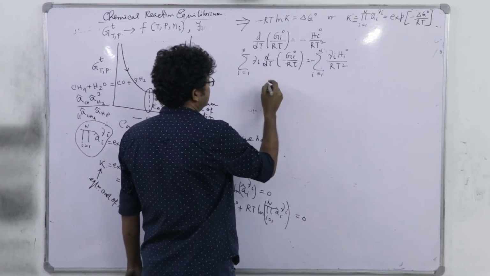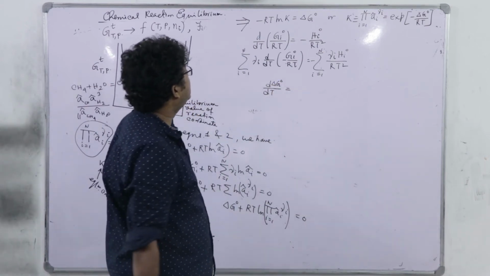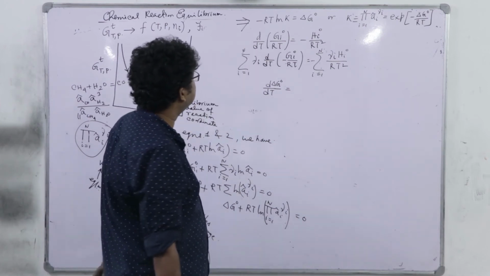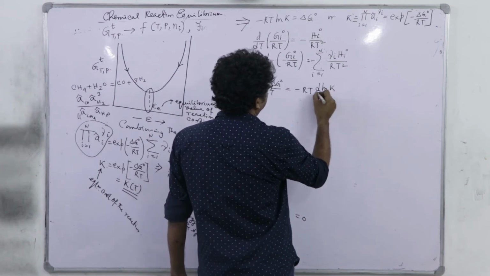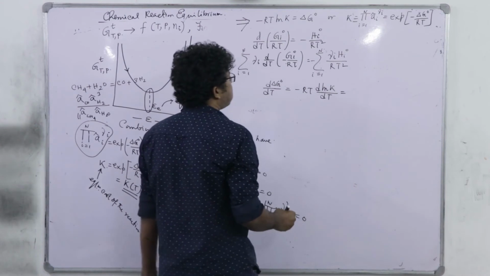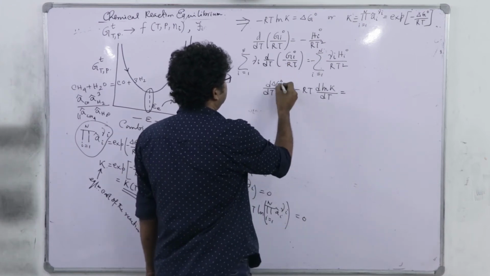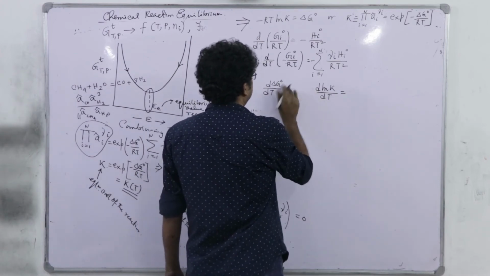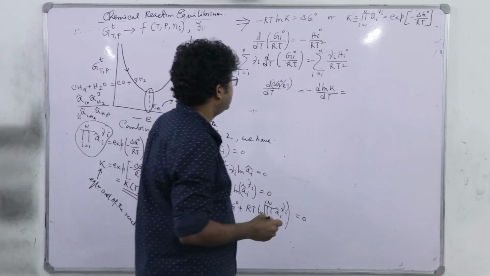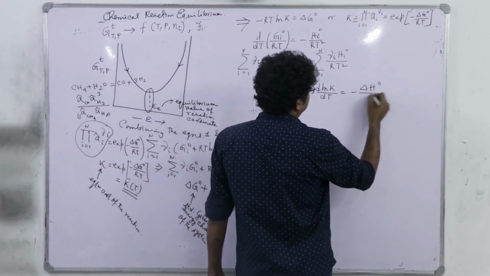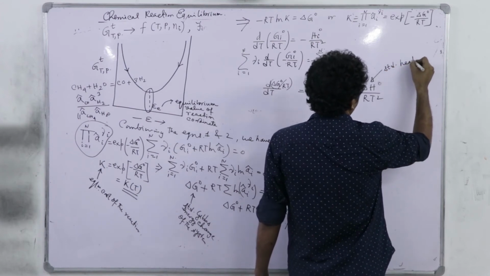This multiplied here, the sum gives d/dT of del G naught, and del G naught is equal to minus RT ln K. So this is minus of d ln K/dT, since this is del G naught by RT, and that is equal to minus del H naught by RT squared, and this is the standard heat of reaction by definition.